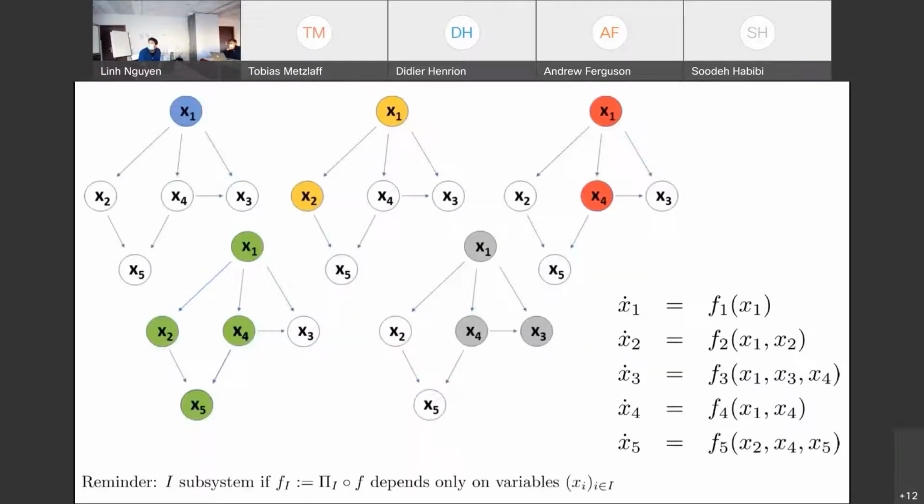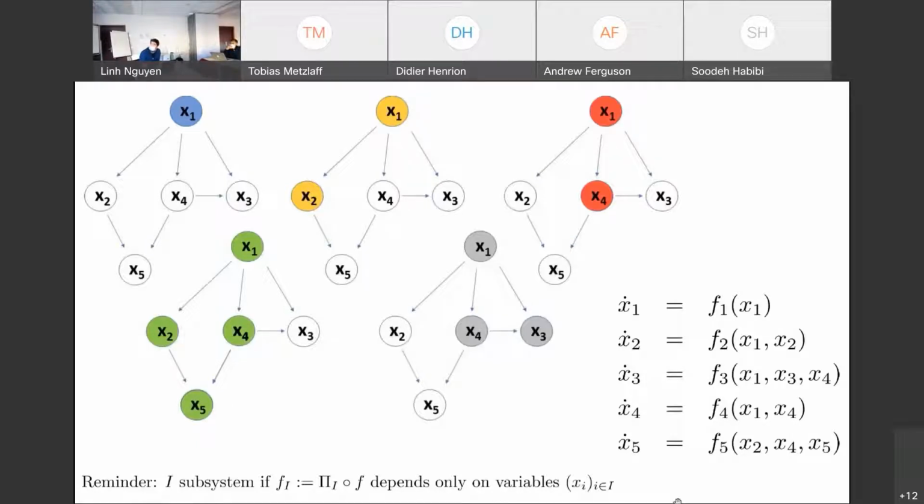But we didn't talk about how they can be used. Before doing this, I'd like to give a short example of how we can identify subsystems using this sparsity graph. Here, the colored things always denote subsystems. As a small reminder, here is the definition again of a subsystem.